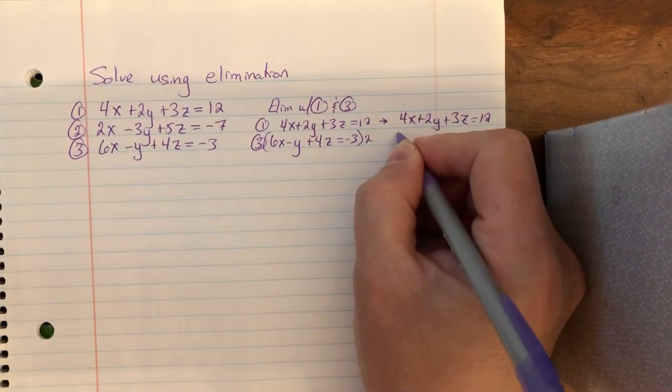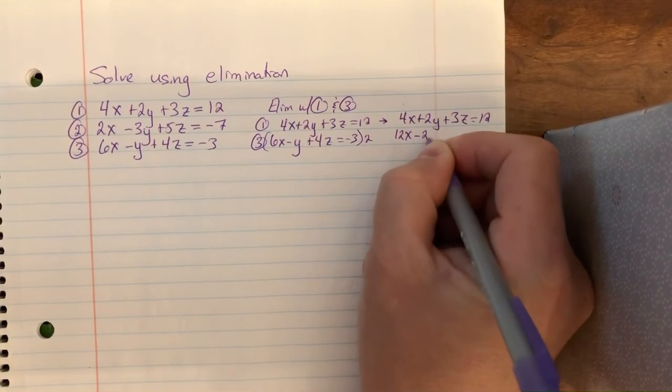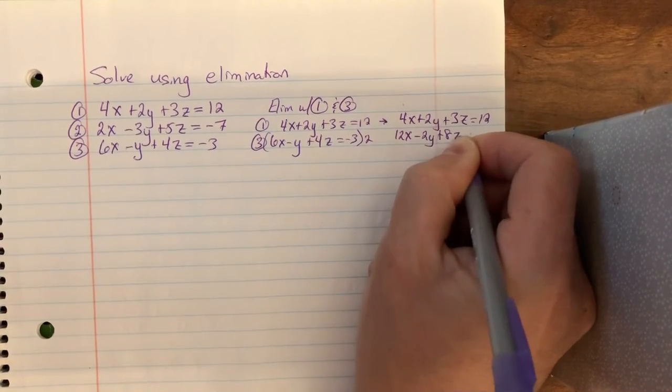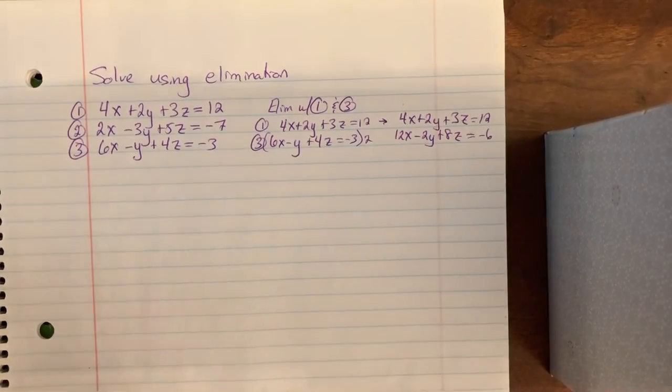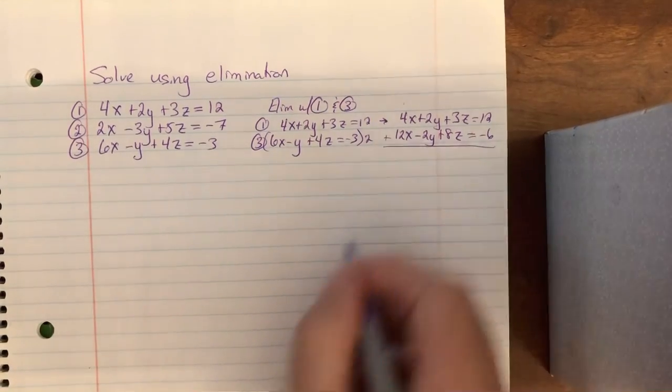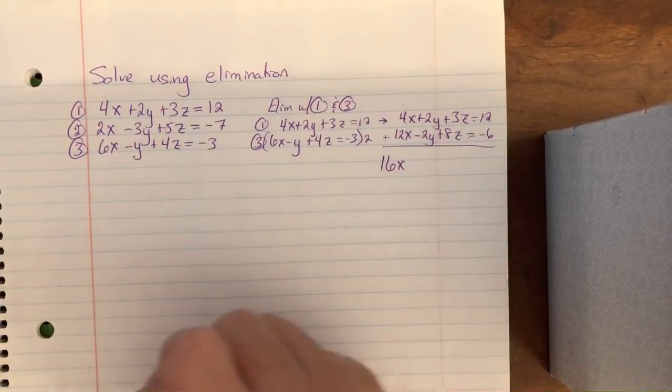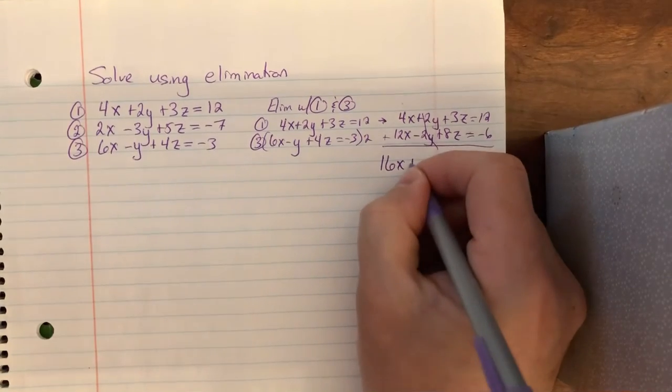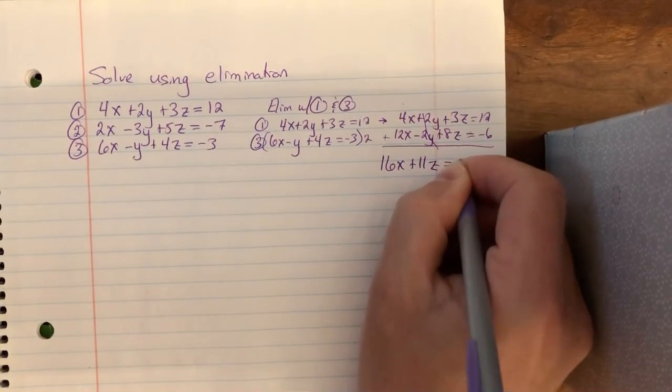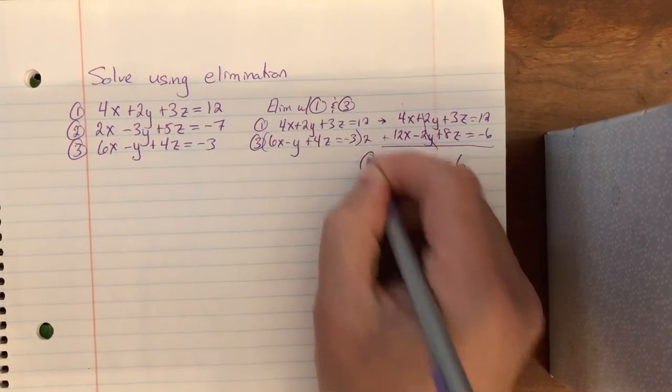Now I would have 12x minus 2y plus 8z equals negative 6. When I add these equations together, I'd have 16x, our y's cancel out, plus 11z equals 6. And this will be equation 4.